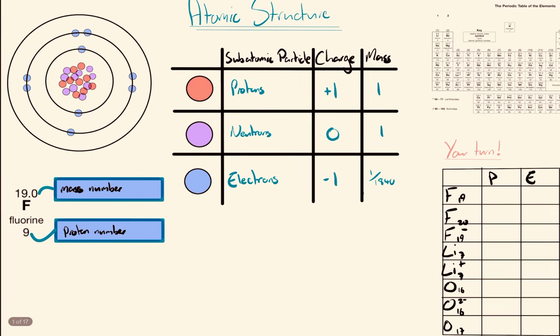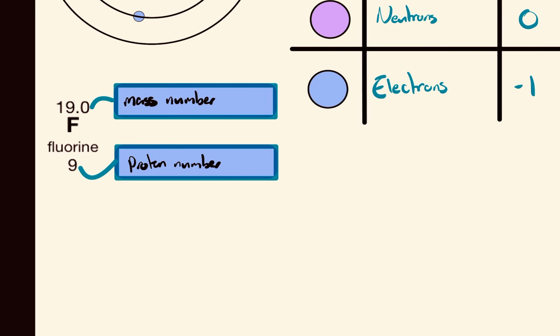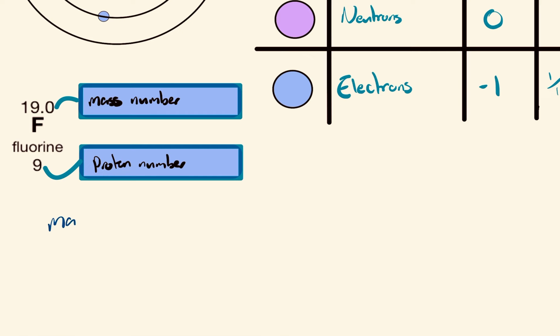So let's note that down. So our mass number is equal to our protons plus our neutrons.